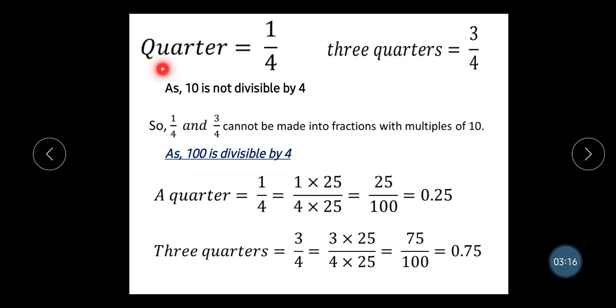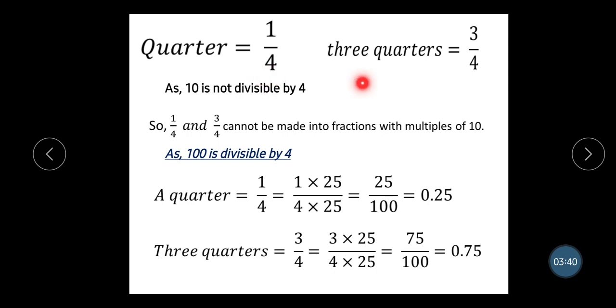Next one is quarter, that is 1 upon 4, and 3 quarters, that is 3 upon 4. Now, you can see both the denominators over here are 4, and 4 is not at all a divisor of 10. So, we need to think about the next number, that is 10 into 10, which we will get as 100. Yes, dear children, 4 is a divisor of 100.